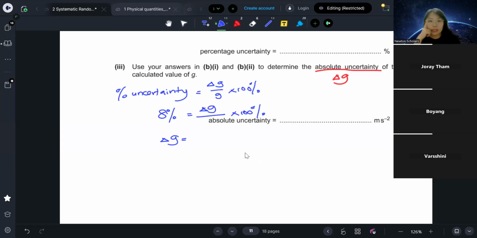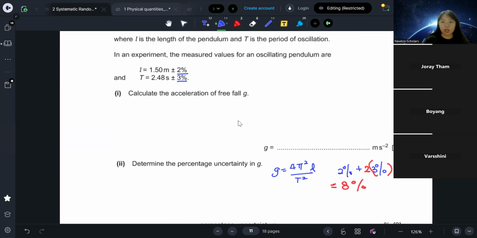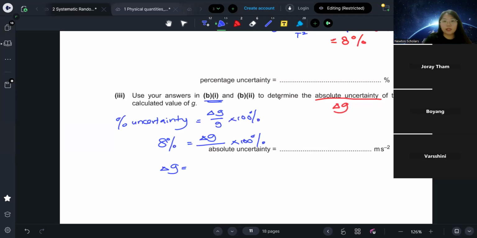Any of you can tell me what is the answer? The G you already calculated in your question B1. Just now, Varshini told me that is 9.63. If not mistaken, 9.63. Yeah. So your G is 9.63. That's why they're asking you to use these two pieces of information to count your absolute uncertainty.